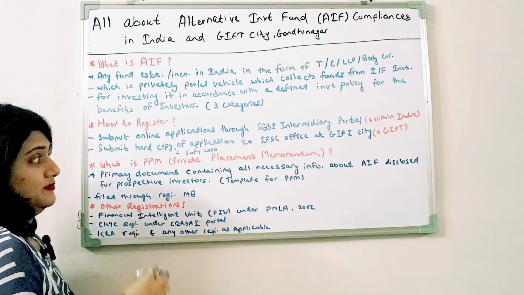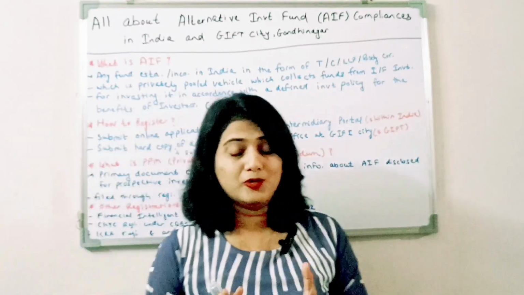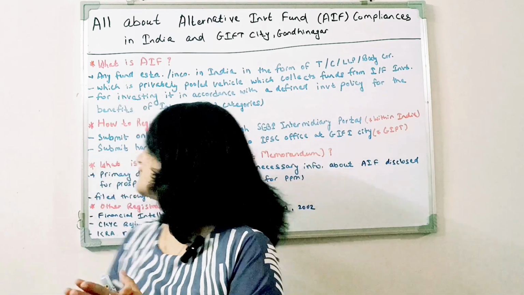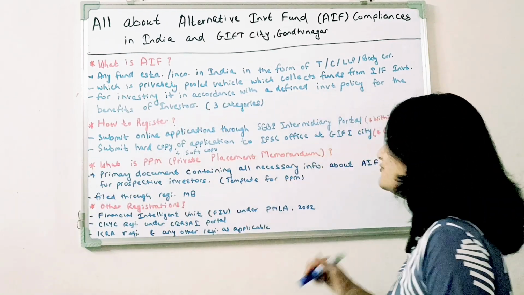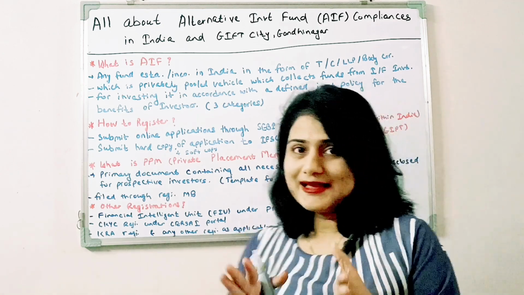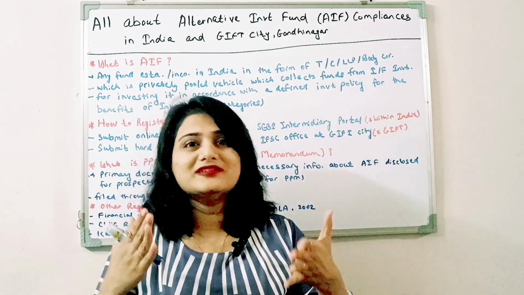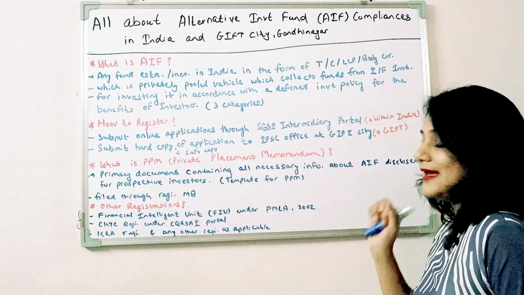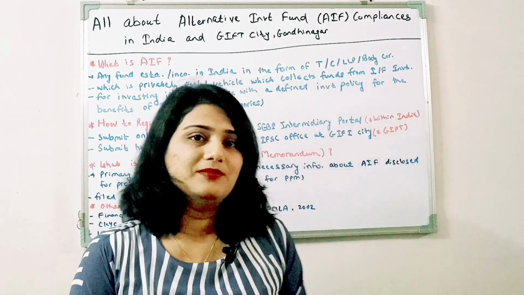Now, what is PPM? Private Placement Memorandum. It is the major document for registration of the AIF. It is a primary document which contains all the necessary information about the AIF which is going to be disclosed to the proposed investors. The template for PPM is already available.